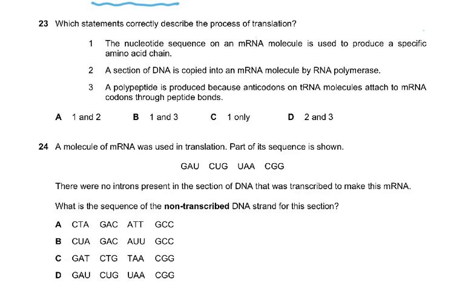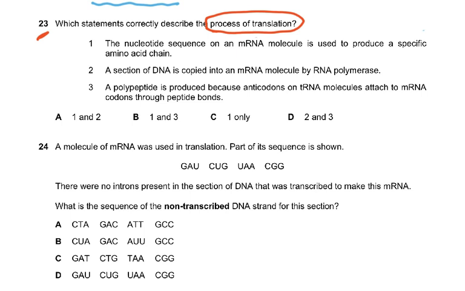Question number 23. Which statement correctly describes the process of translation? Now, what was translation? Translation is when the mRNA gets attached to the ribosome, and those are called codons, and then anticodons are on the tRNA. The tRNA brings the appropriate amino acid, and then the amino acids are joined to form a polypeptide chain.